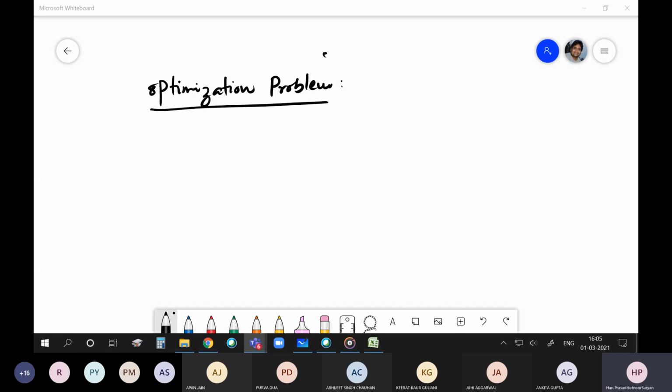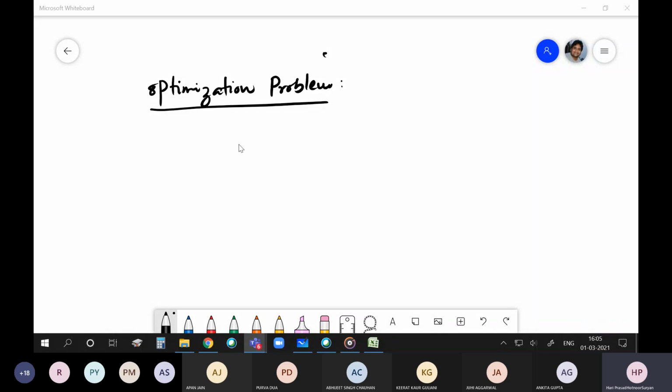So basically it has an objective function. We will either be maximizing or minimizing an objective function, which represents the performance measures of a system.